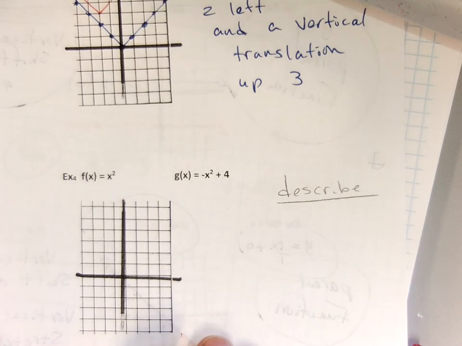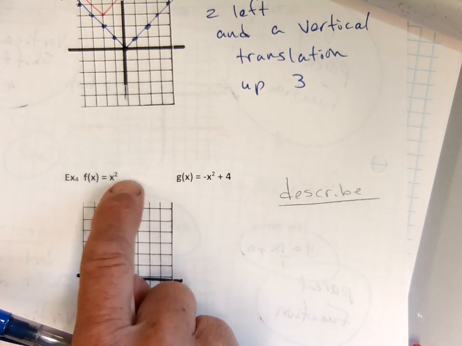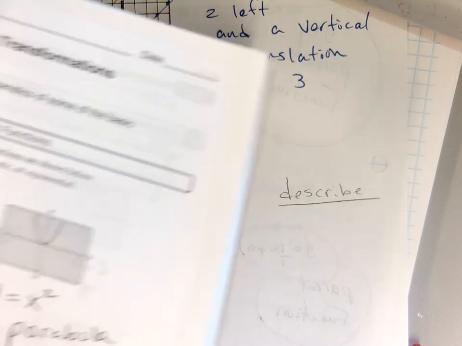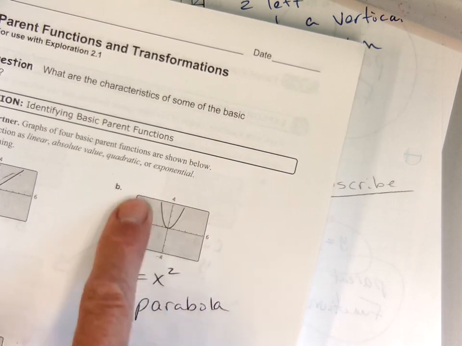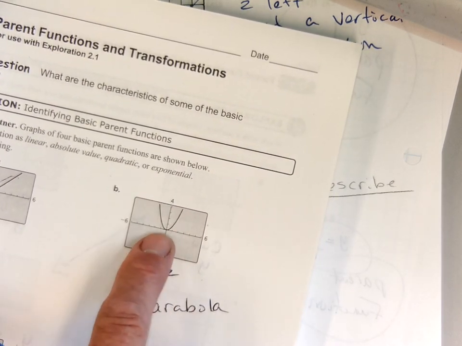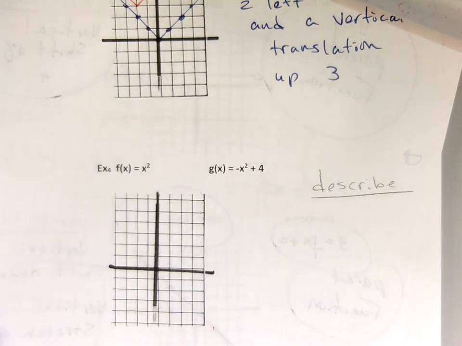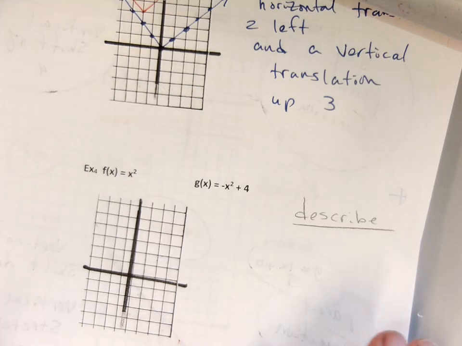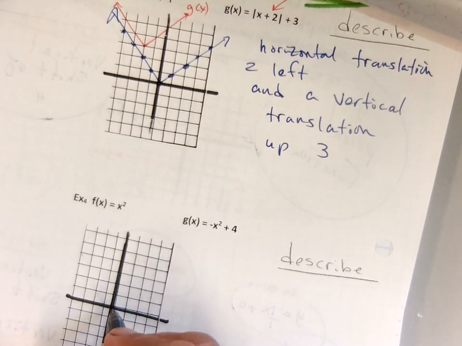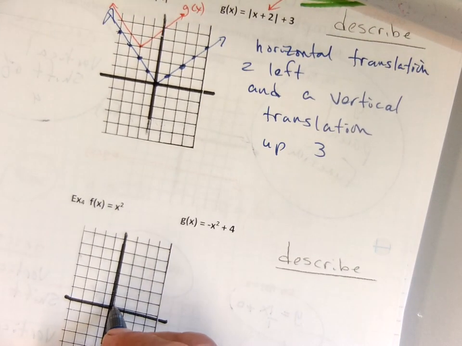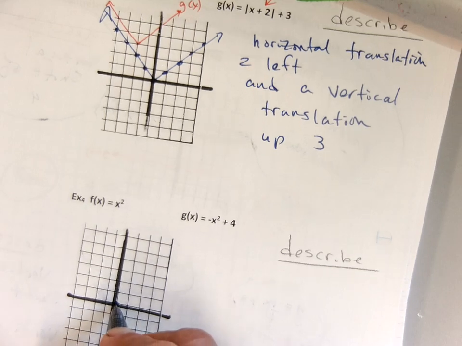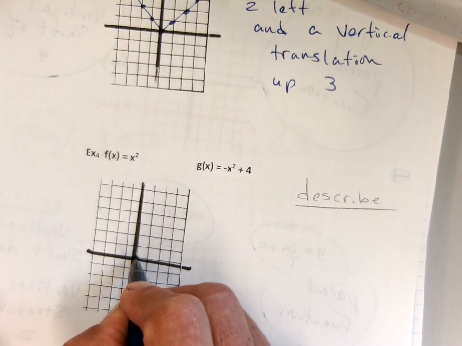Okay, example 4, x squared. Now that looks like that one, doesn't it? Okay, so that's going to be my parent function, x squared. So I'm going to go, and listen carefully. 0 times 0.